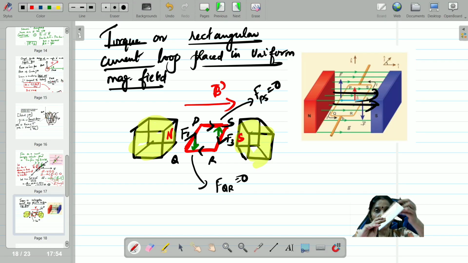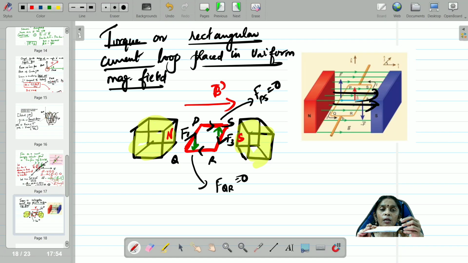So you can say that it is exerting torque. Completely, the linear force is going to be 0. Here the force is 0, here the force is 0. There is no linear motion, net force is 0. But the rotational effect is there because it is a couple effect.